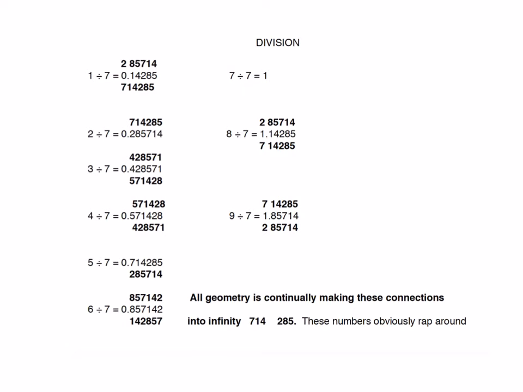If you do the 1 first, 1, 4, 7, 8, 5, 2, and they always go to their number pairs, but it's the family number group that I'm talking about. So, but here it's always 714285.